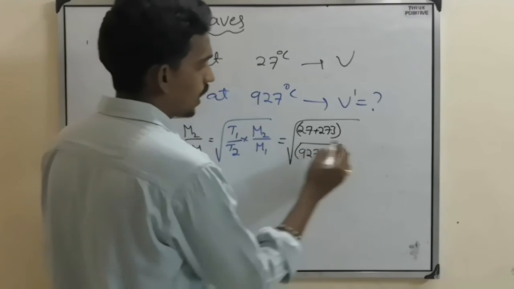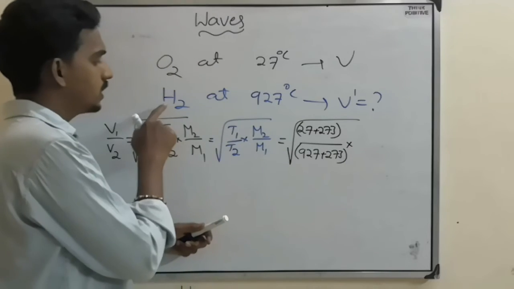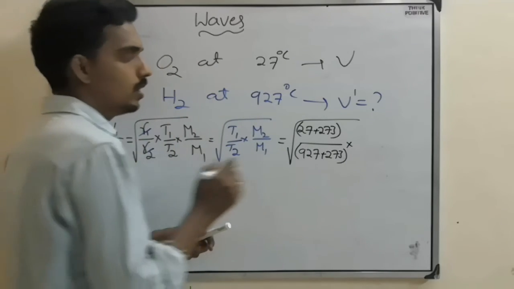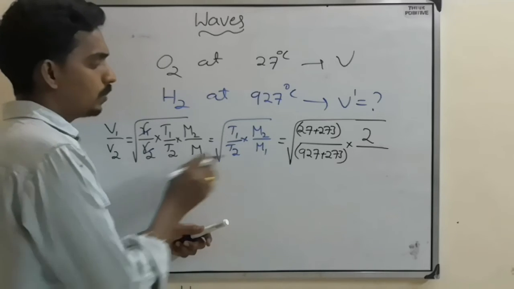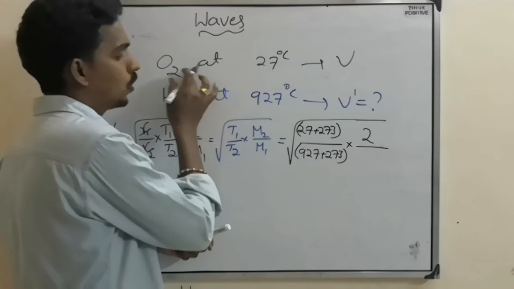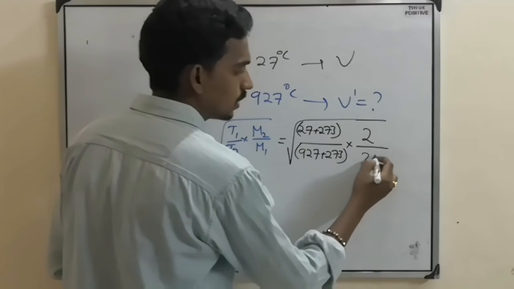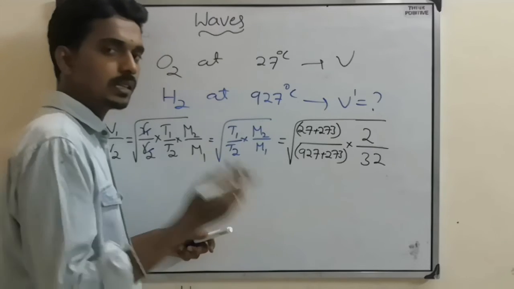Then comes masses. M2, what is the second gas? H2, so the molecular mass is 2. And M1 is O2, and O2 means 32, since O is 16.